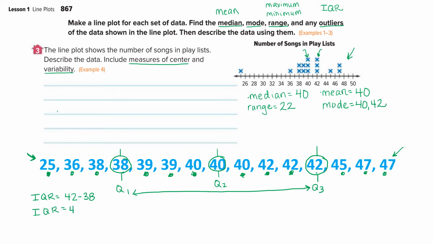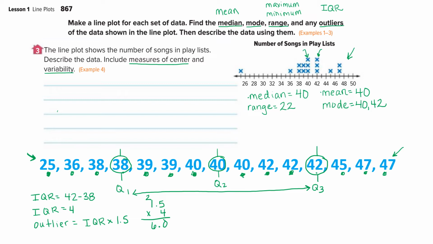To find the outlier, we're going to have to do the IQR times 1.5. So we're going to have 1.5 times 4, which is 6.